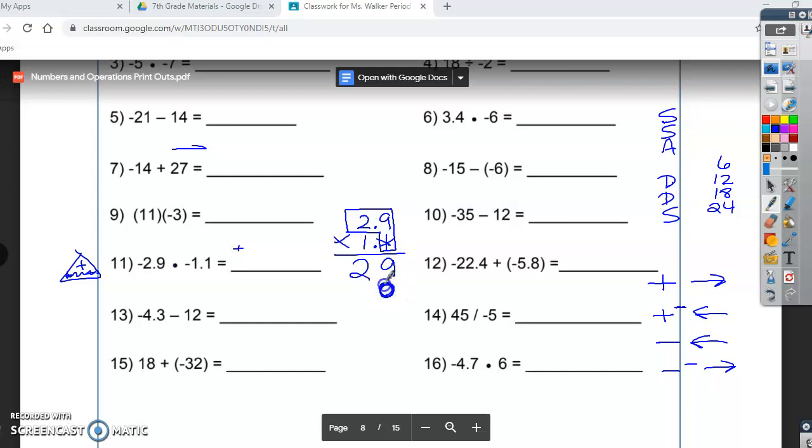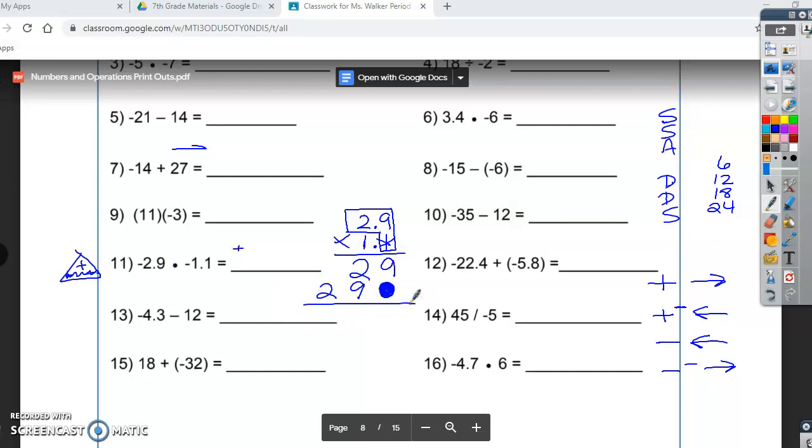You might have been taught to put an X. You might have been taught to put a 0. I usually think of it as a 0, but I color it in only because when I multiply by a 0, sometimes it can throw me off to see if I held my spot. So remember, when you're multiplying by this next digit, that you need to move that place value over 1. 1 times 9, 1 times 2.